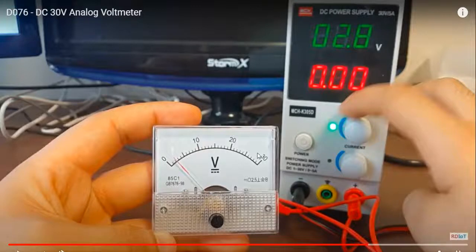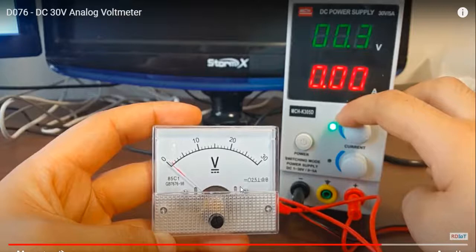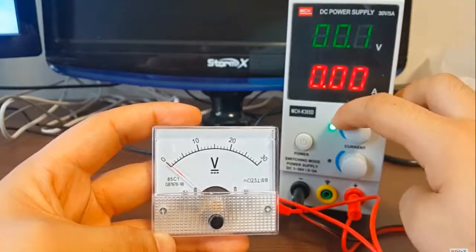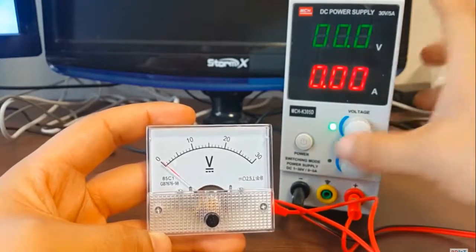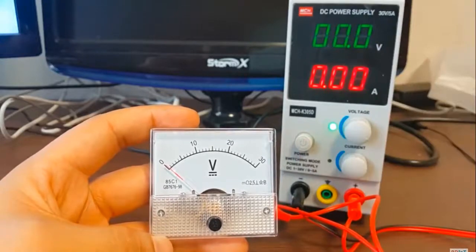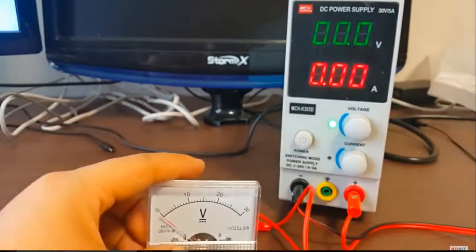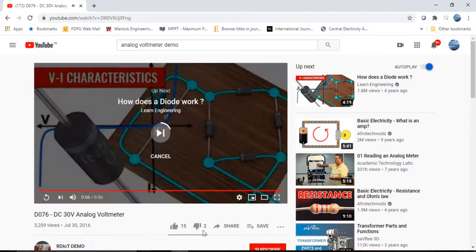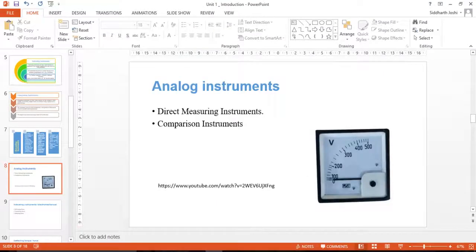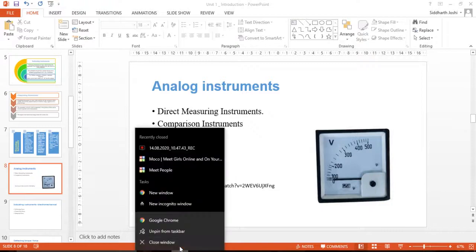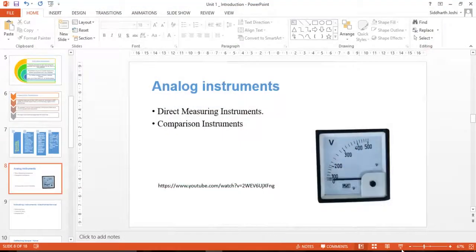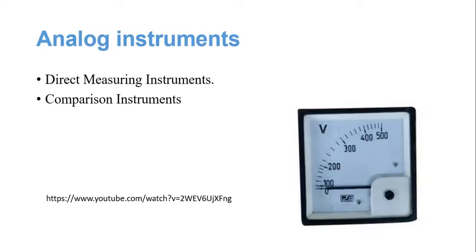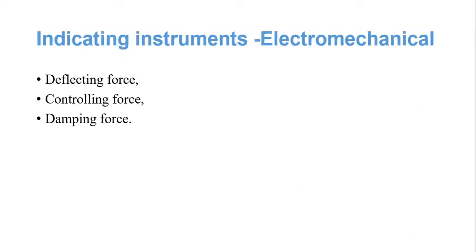It means that we will not measure a voltage which is more than 30 volt with this. So this is what the analog instrument is about.